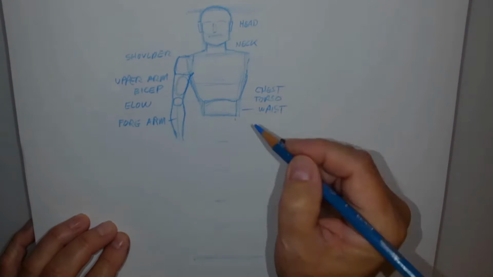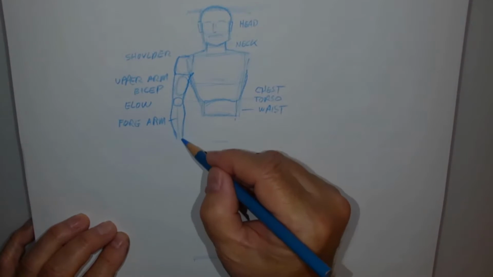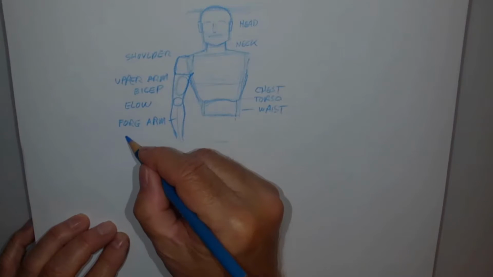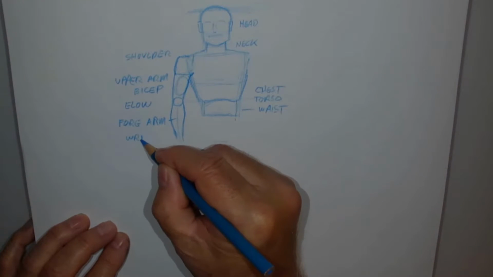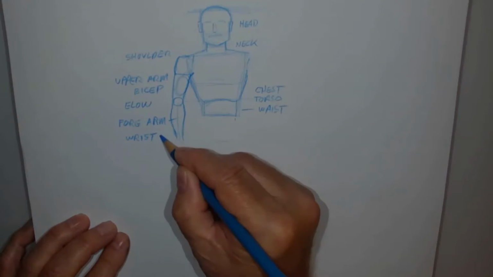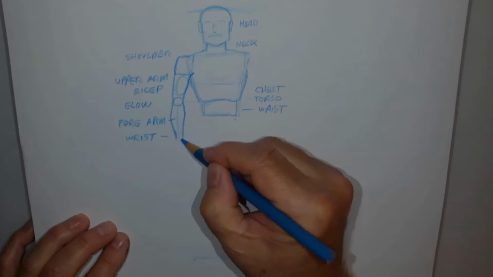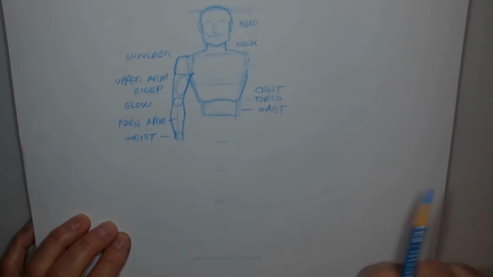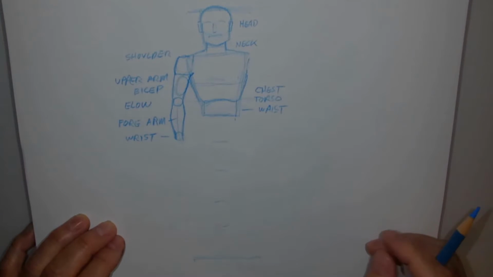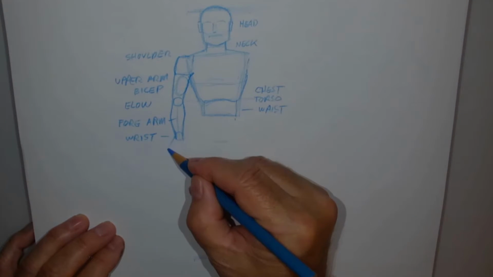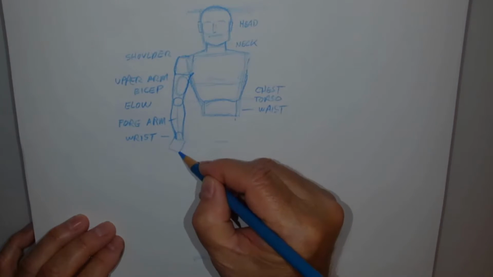Okay. And then from there, we have a wrist. And that wrist is the narrowing of that arm. And that's a joint in here. That's where we have flexibility in our wrist. And then that comes out to the hand.